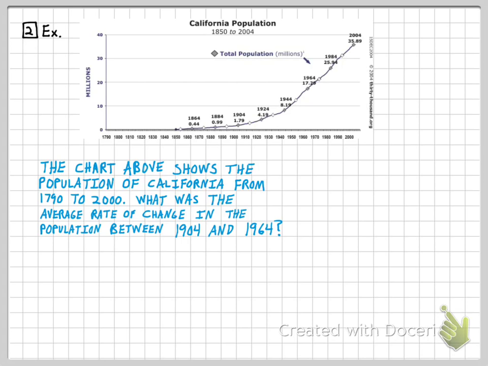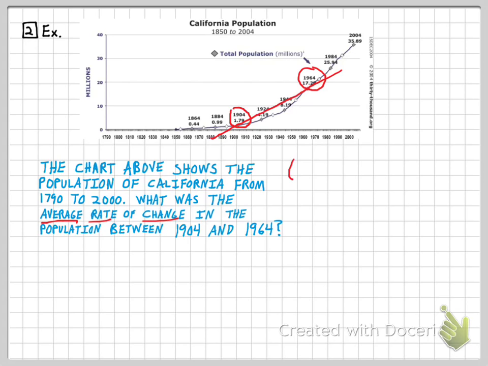So obviously this graph is not a line, doesn't have a single slope, but when it asks for average rate of change, it's going to give you basically 2 points to investigate. So in 1904, if you look carefully, that's a point on the graph, and 1964 is a different point on the graph. And we're basically asking you to think about what the slope of the line that connects those 2 points would be, and that's our average rate of change.